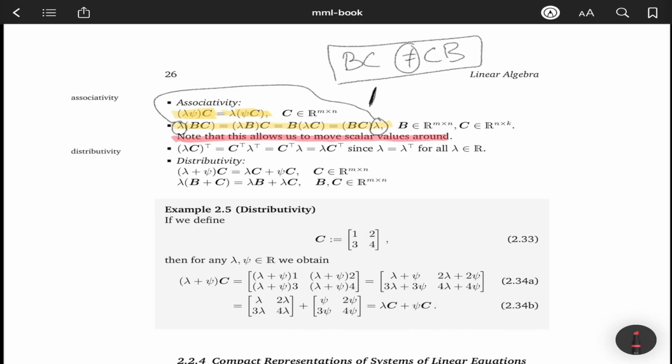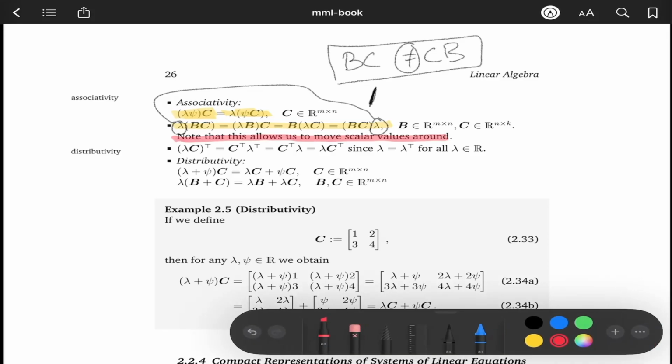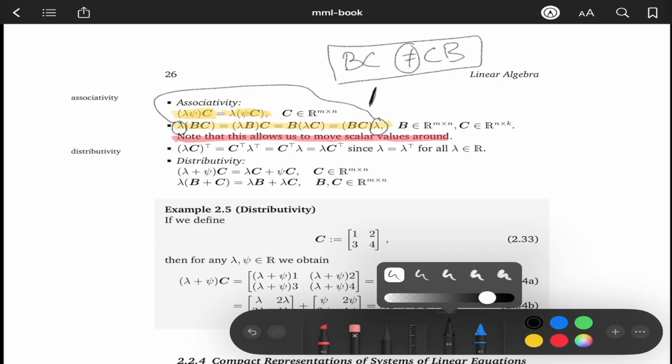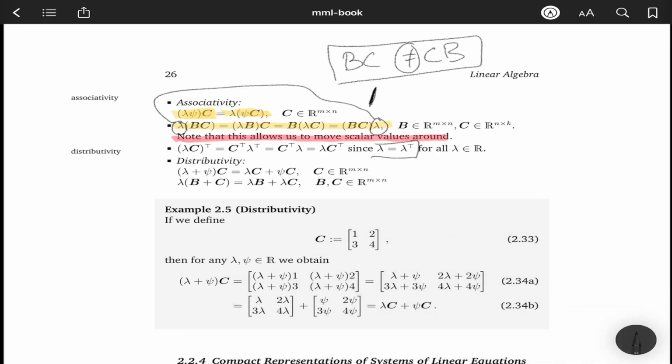So what is this third one? Okay, so the third one says that because a scalar is just a number, if you transpose a scalar, it's still the same thing, right? There's nothing to flip. So if you do the transpose, it does not really matter where the scalar is.